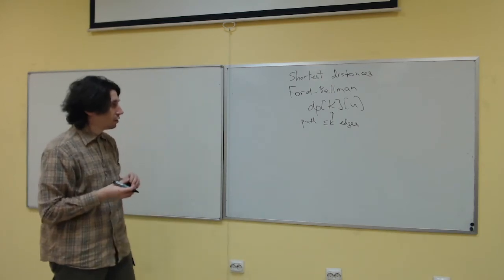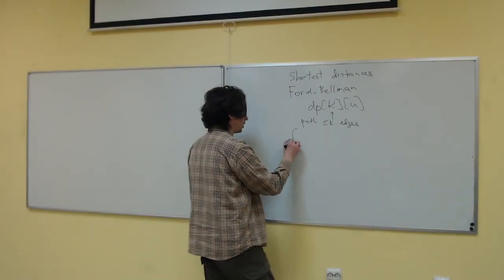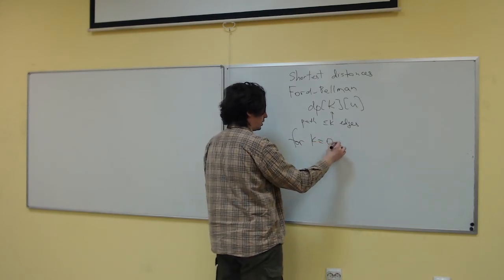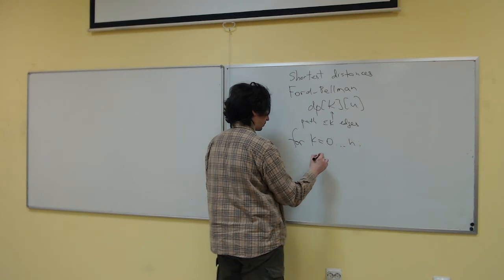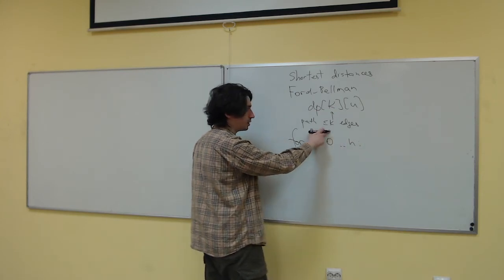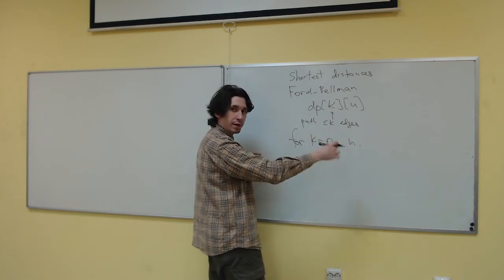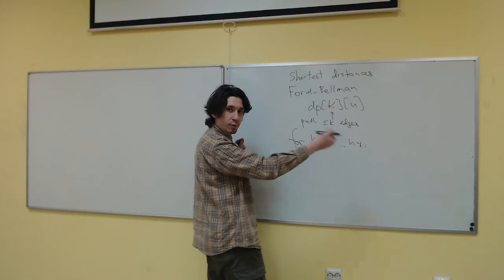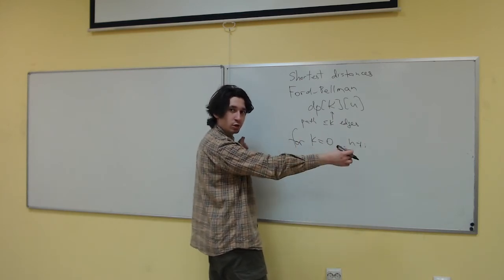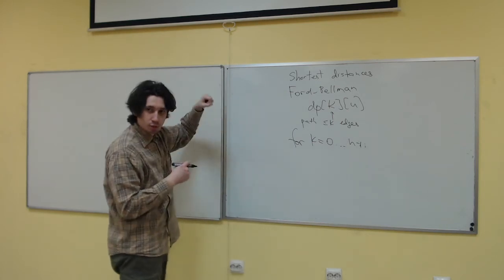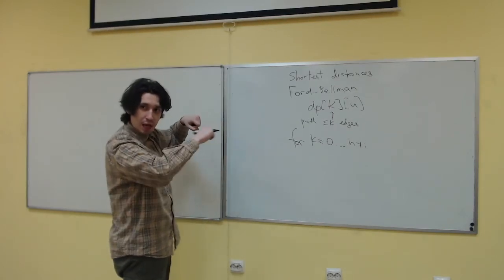So how to calculate that? It will be kind of simple. For k from 0 to n, it is clear that n is the most, because the number of edges in a path is at most n minus 1, to be more precise. In a graph with n vertices, you have only n minus 1.